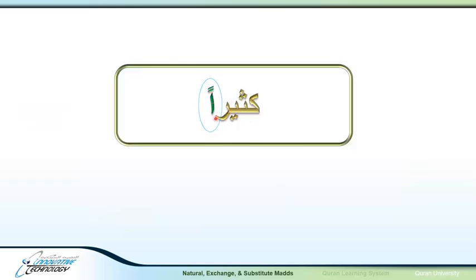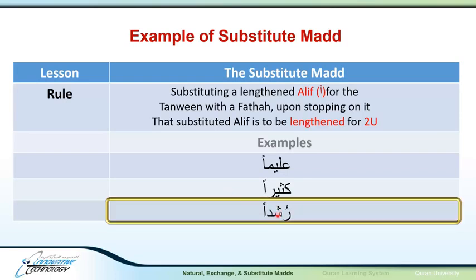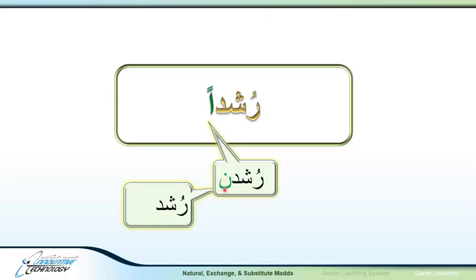Kathiran is an alif with a tanween, pronounced as if there's a noon at the end, kathiran. But when we stop on it, we will say كثيرا. Last example is رشدا, where we have a tanween after the dal. The tanween adds a noon after the dal to be pronounced رشدا, and upon stopping on that tanween, instead of saying رشدا, we say رشدا.